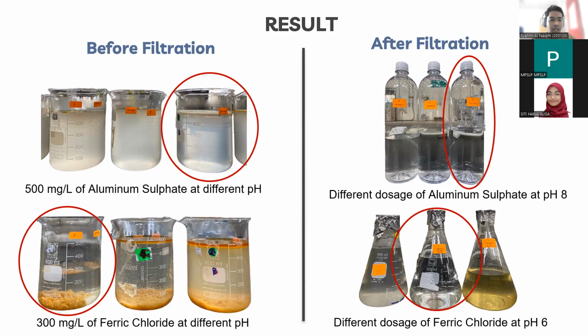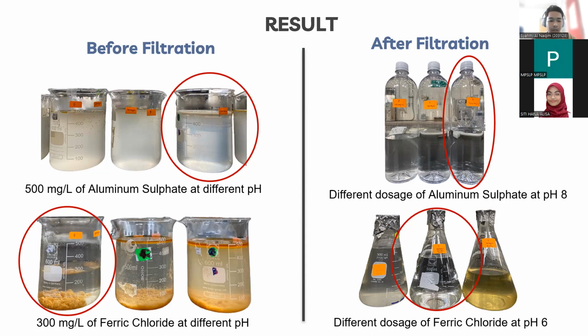From the left side is pH 6, the middle one is pH 7, and the right one is pH 8. So at 500 mg per liter and pH 8, after filtration, we can see that the solution is more clear than before filtration.